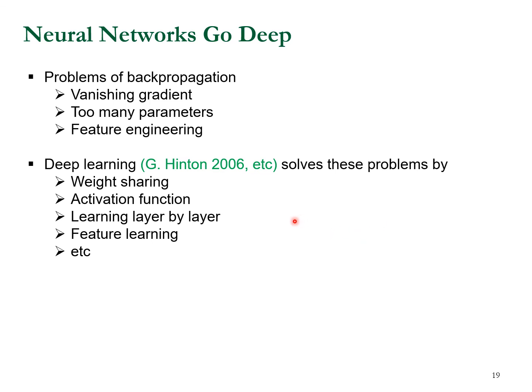If you add many layers, then you are able to represent a very complex function, right? Vanishing gradient means that near the top, near the output layer, there are some changes in the weight values if you run backpropagation. But if you run backpropagation down near the input layer, then actually nothing happens.